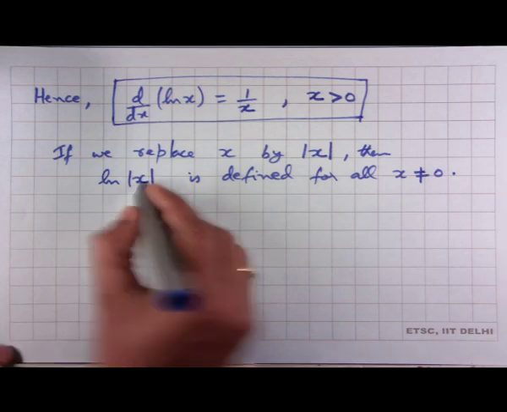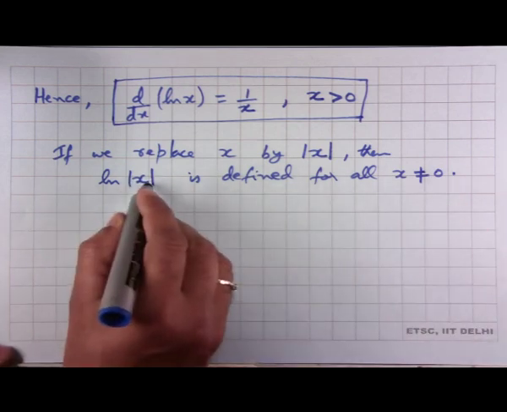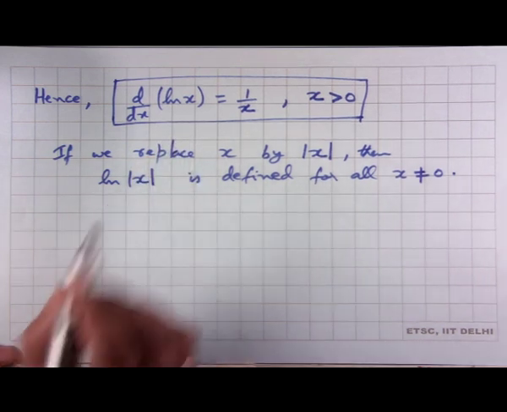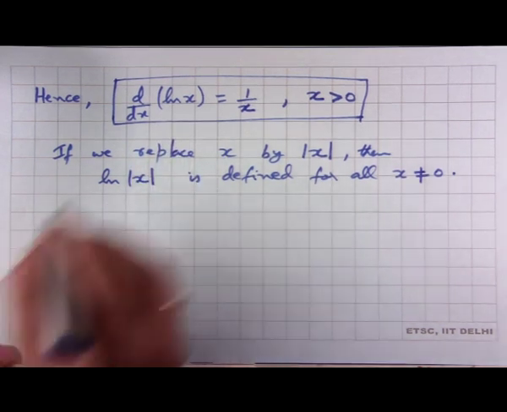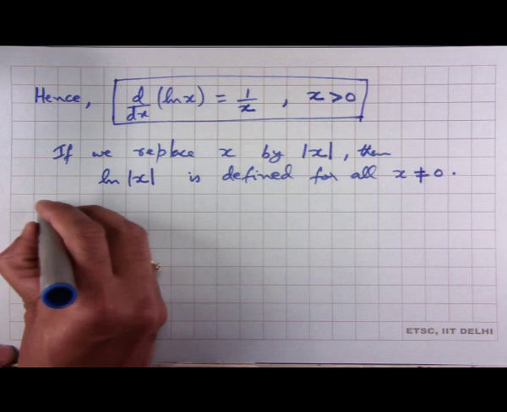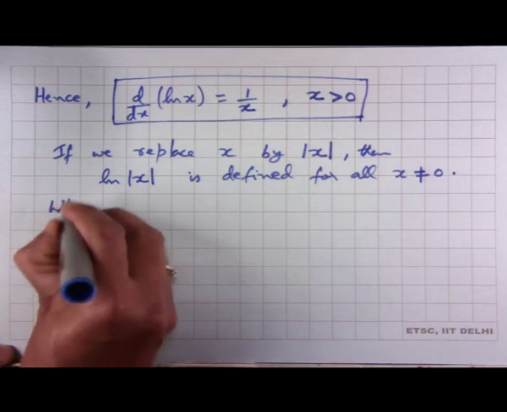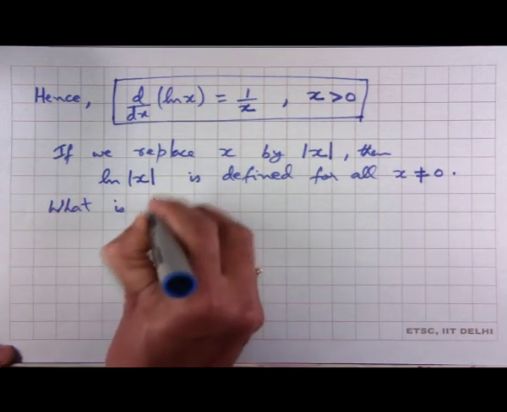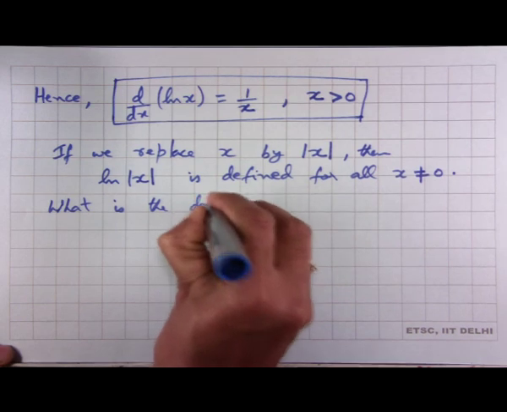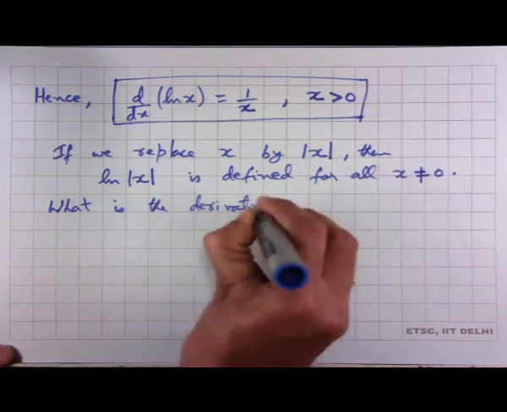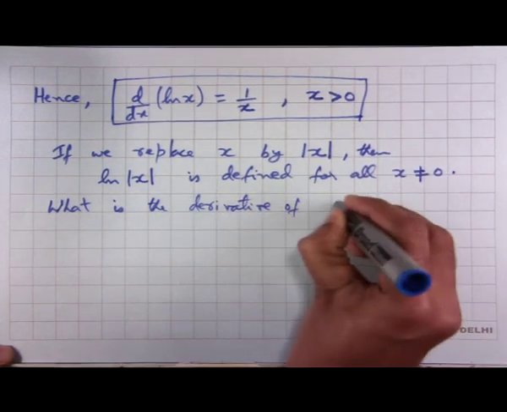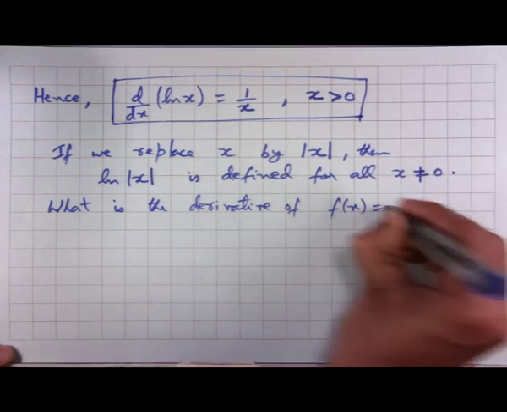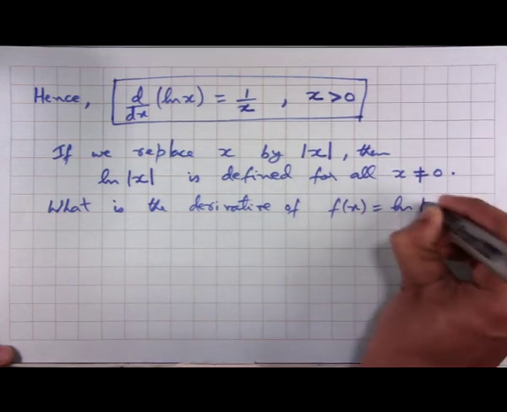So, if x is non-zero, then mod x is always positive. So, log of mod x can be defined. Can we calculate the derivative? What is the derivative of f x equal to log of mod x?